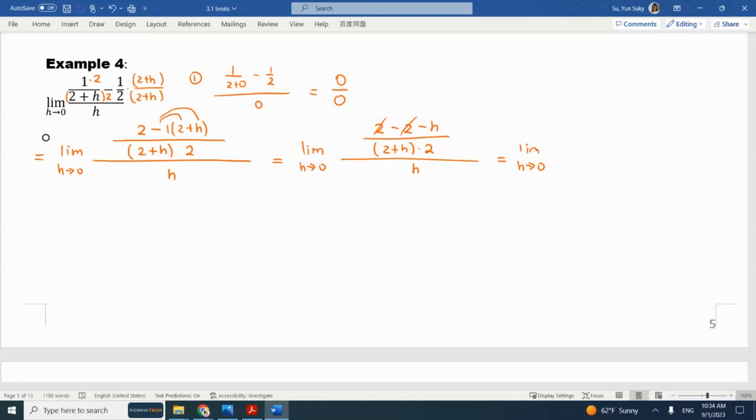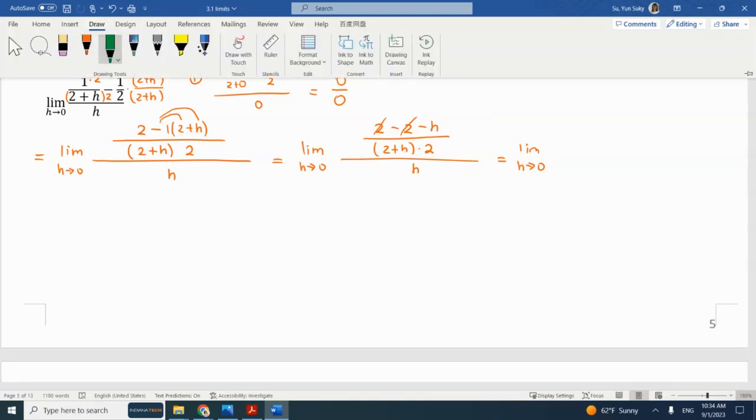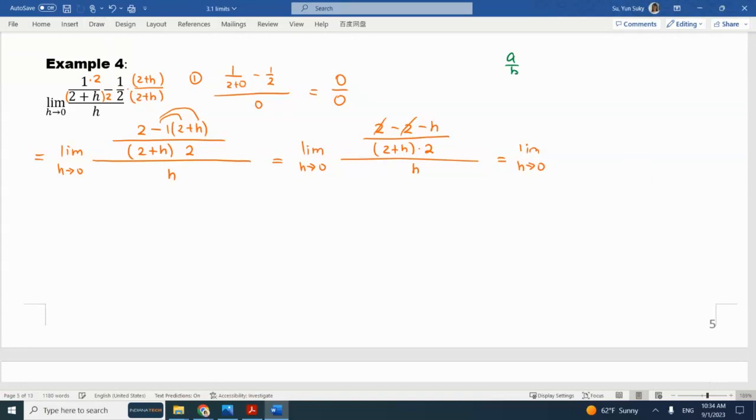Here, I also want to remind you: a over b over c over d is a over b times d over c. When you divide by a number, it's the same as multiplying by its reciprocal, right? So in this case, my a is minus h, and my b is this, and the h is my c, and my d is 1, right?